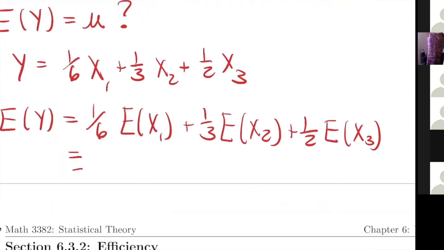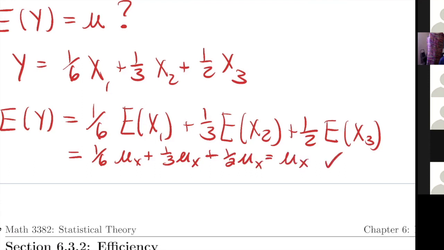And since each of these observations, X1, X2, and X3, all come from the same population, they all have the same mean. Okay, so that's how we could check that estimator, that weighted mean, is also an unbiased estimator.